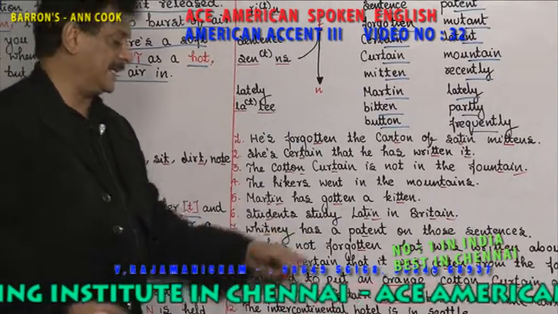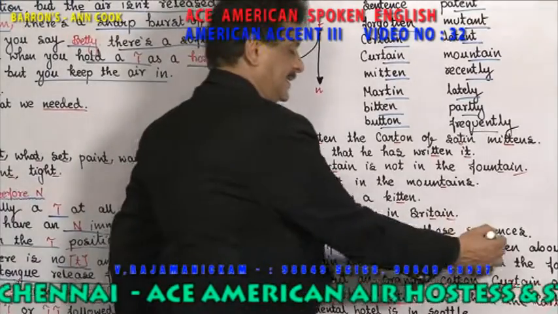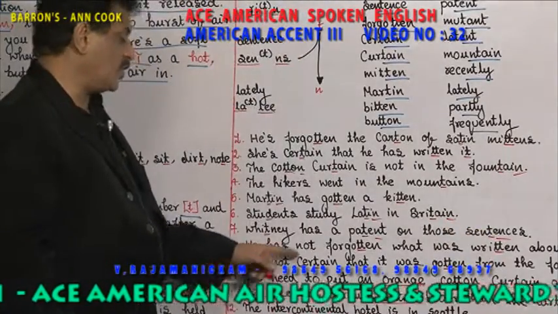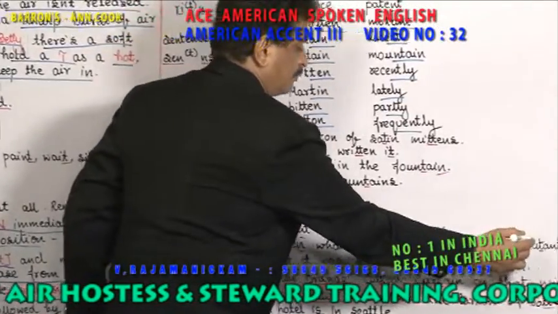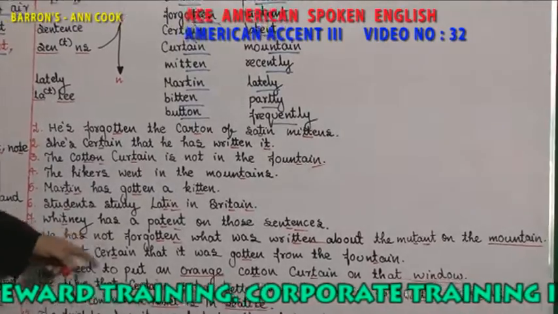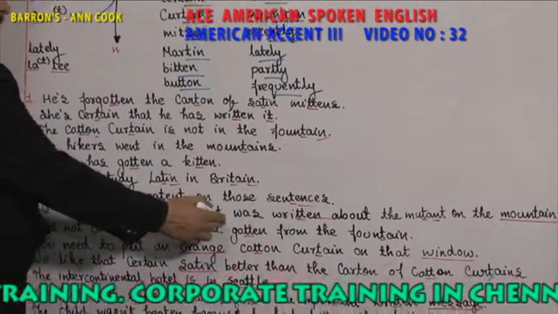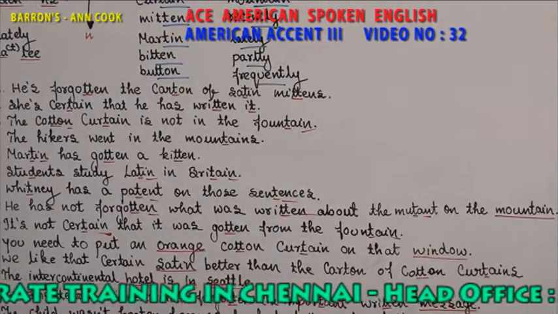Whitney has a patent on those sentences. He has not forgotten what was written about the mutant on the mountain. It is not certain that it was gotten from the fountain. You don't say "foun-tain".